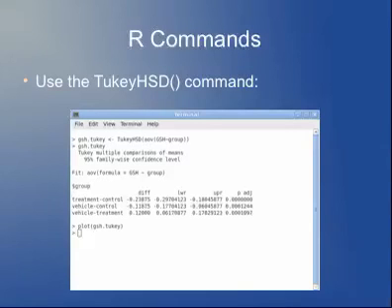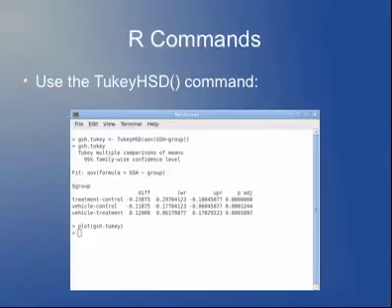And the way that you can do that in R is to use the TukeyHSD command together with the aov command. You already save it in an object called gsh.tukey and then spit out that command.